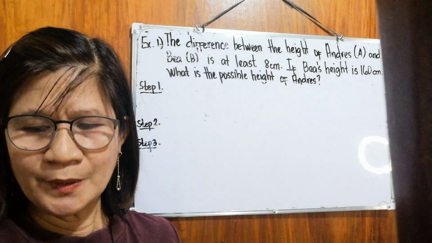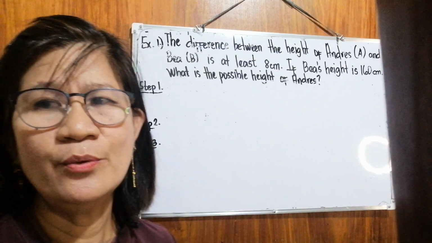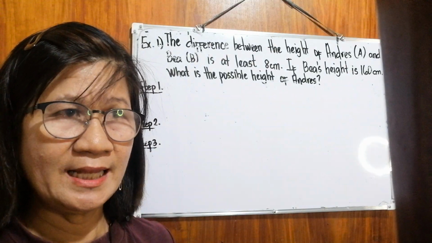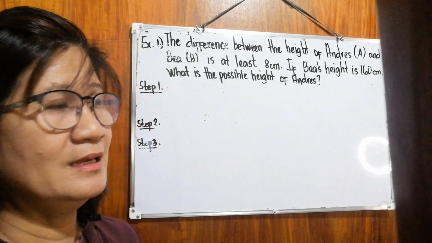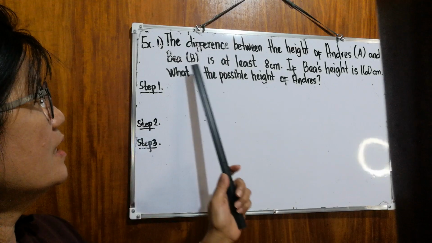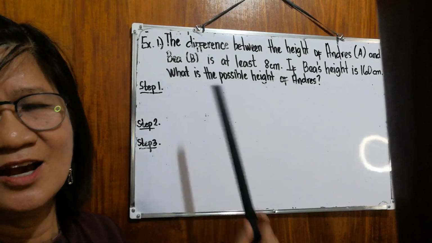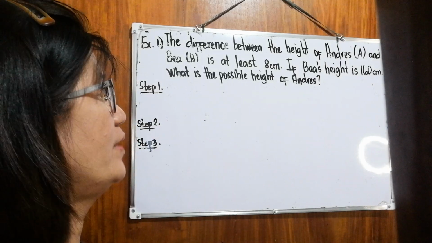Okay, so first of all, we're going to identify what variables, ano kayang pwede nating gawing variable para mas madaling yung maintindihan. Since given yung pangalan ni Andres at saka given yung pangalan ni Bea, so mas madali siguro kung gagamitin natin yung A and B. Okay?